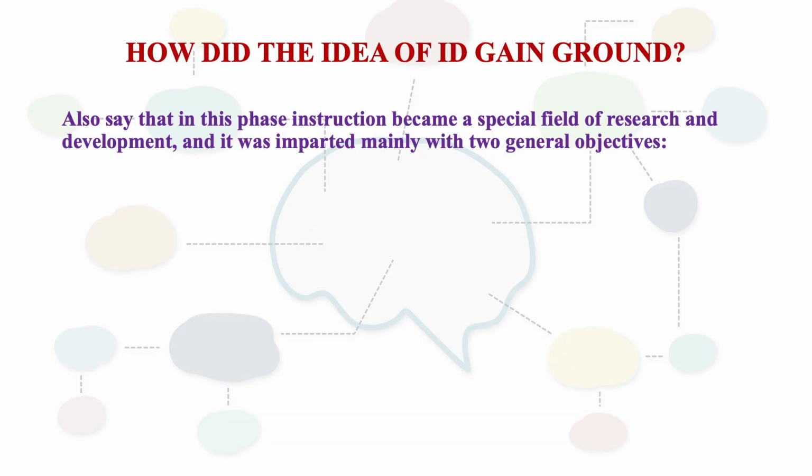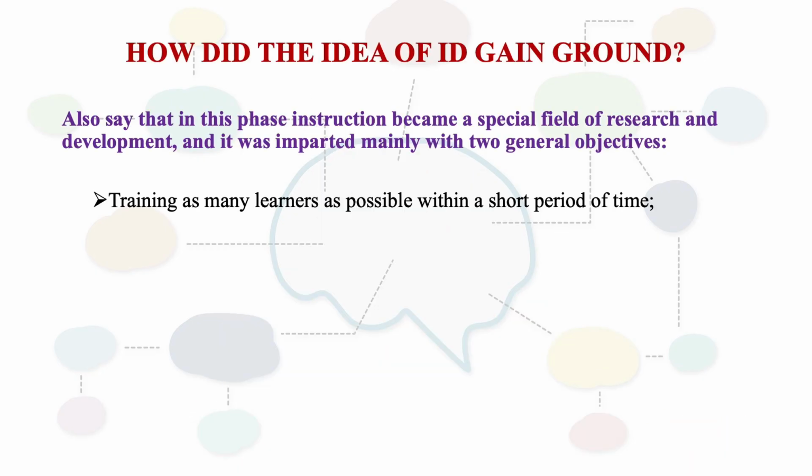It is said that during this phase, instructional designing became a special field of research. There was a lot of research on how we could make teaching more effective. How do we make sure to attain the goals of teaching? And it was felt that instructions need to be imparted with two general objectives.